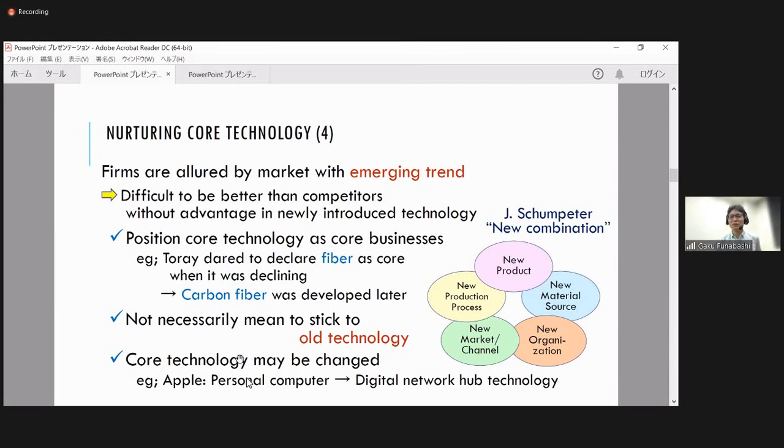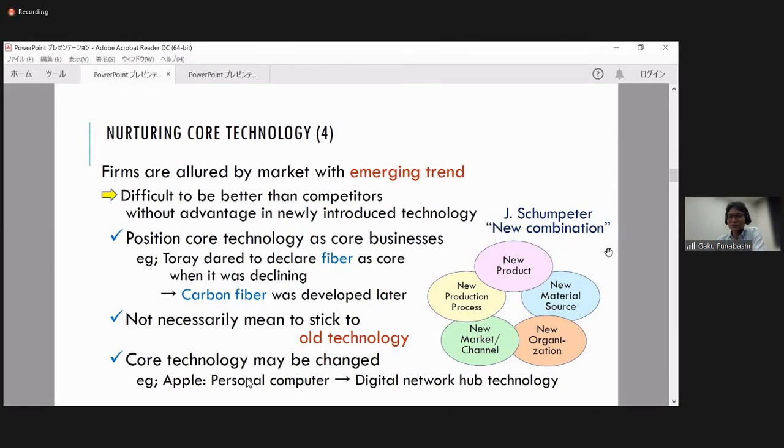When we talk about 4 kinds of synergy: sales synergy here, sales; operation synergy here, operation; investment synergy here, where they invested in purchasing a lot of material; and also management synergy related to the organization. So out of the 5 new combinations by Schumpeter, 4 are closely related to the 4 kinds of synergy.